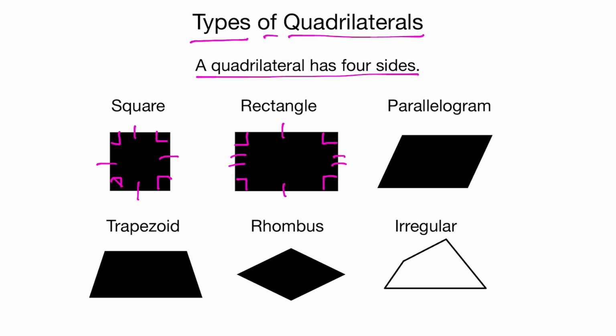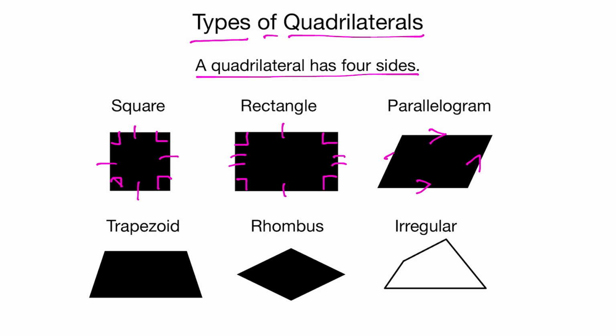Next, we have a parallelogram. A parallelogram has two sets of parallel sides. So this side here is parallel to this side, and this side here is parallel to this side.